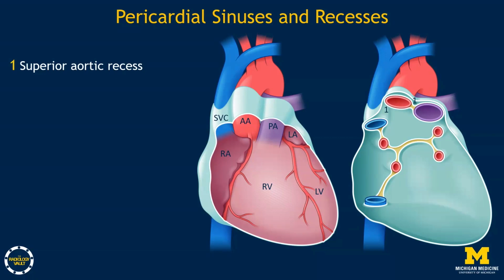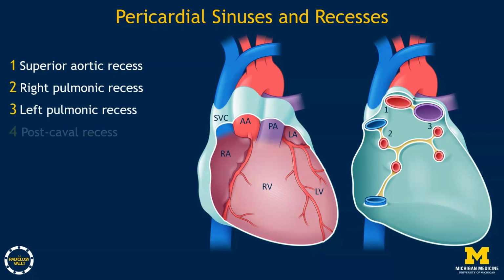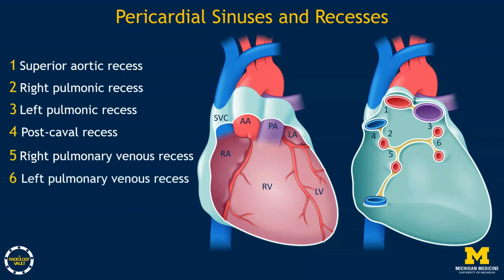This is the superior aortic recess, right pulmonic recess, left pulmonic recess, postcaval recess, right pulmonary venous recess, left pulmonary venous recess, an oblique sinus, and transverse sinus.